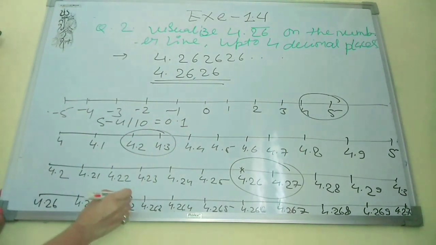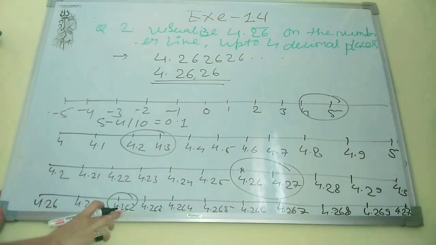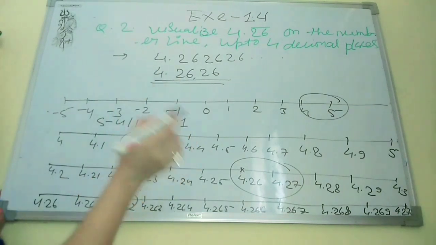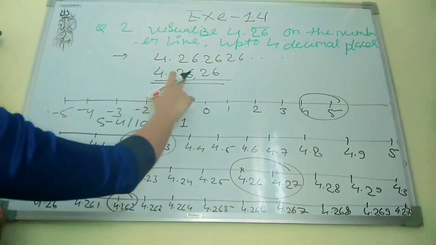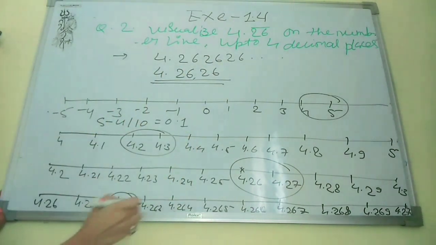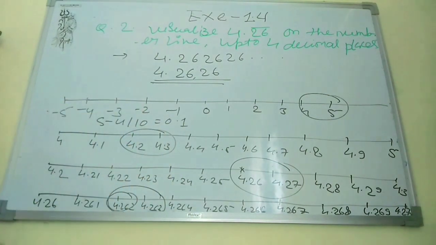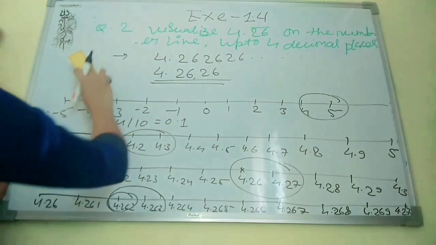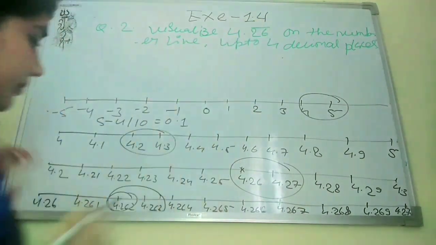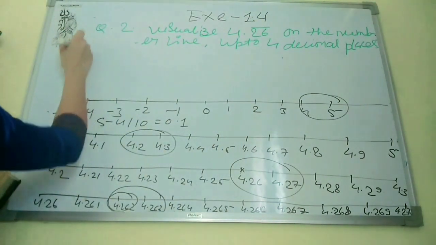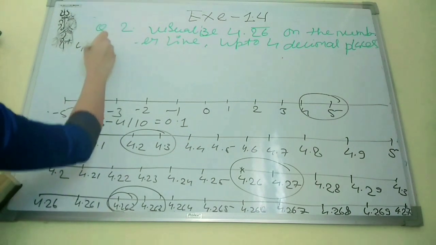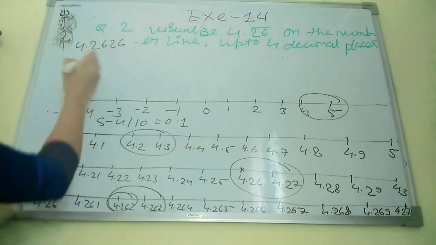That will be here. This is the position of 4.262, and we should know the position of 4.2626, which will lie between 4.262 and 4.263. So we will take another number line. What we have to show is 4.2626.